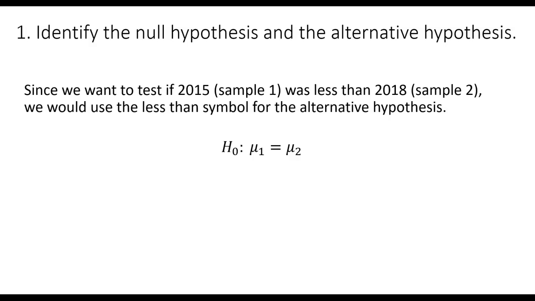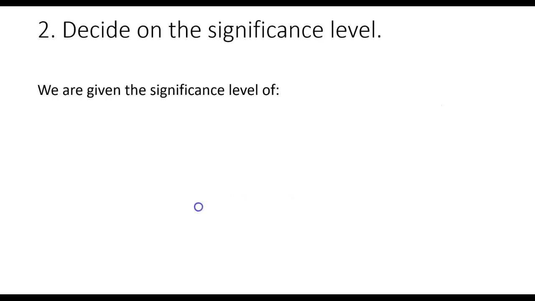So in this case, mu sub 1, 2015, is equal to mu sub 2, 2018. For the alternative hypothesis, again, because we're dealing with less than, 2015 was less than 2018, mu sub 1 will be less than mu sub 2. And again, we're using the less than sign, so this will be a left-tailed test, just for future knowledge.